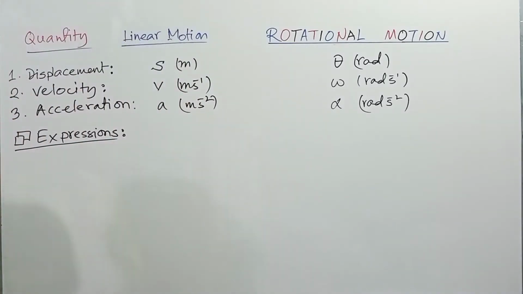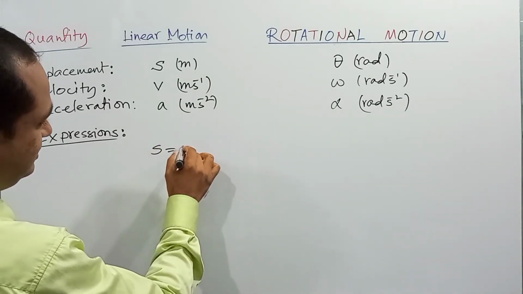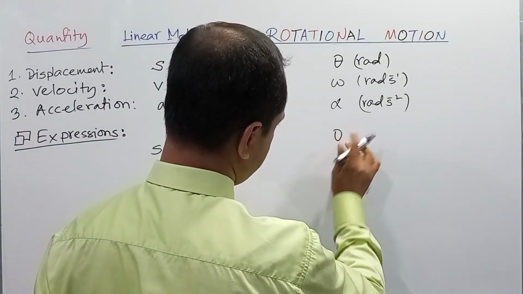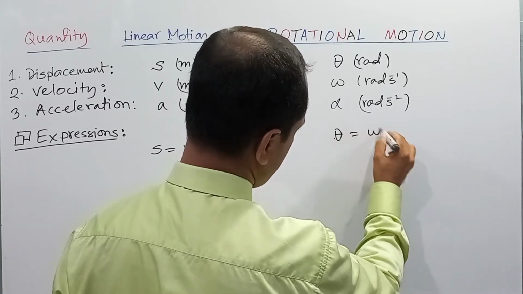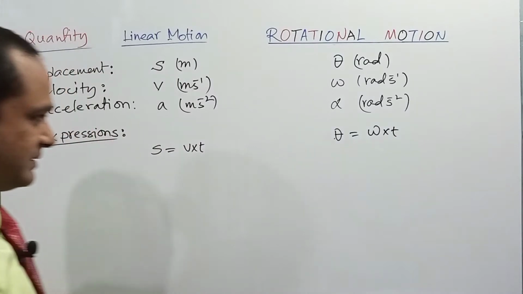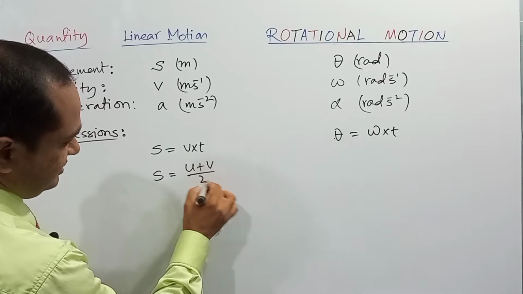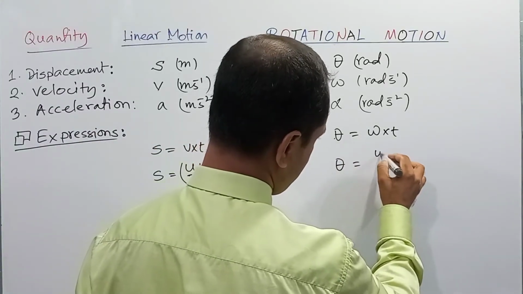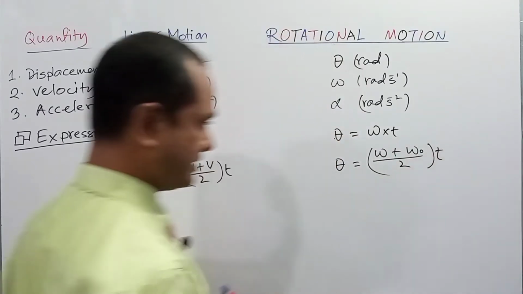So the first expression, from the displacement: S is equal to V multiplied by T. For rotation, theta is equal to omega multiplied by T. Again, S is equal to u plus v divided by 2, into T. It will be theta is equal to omega plus omega naught divided by 2, into T.